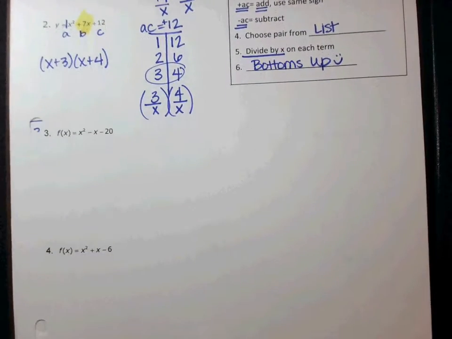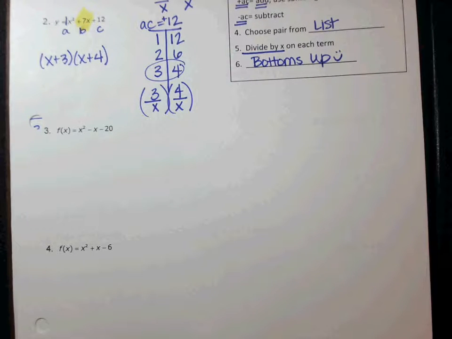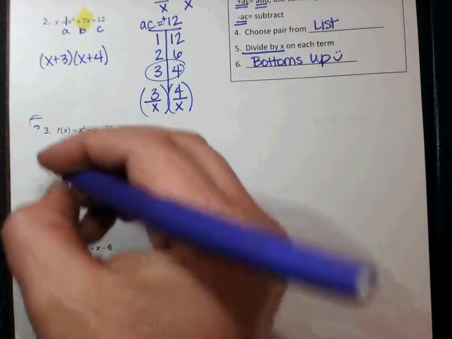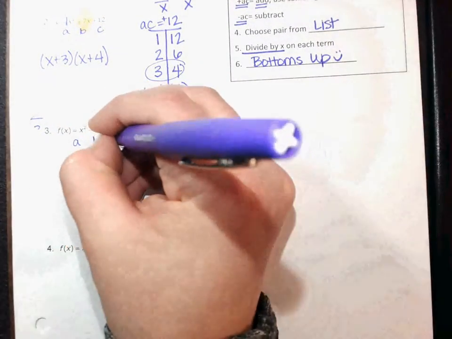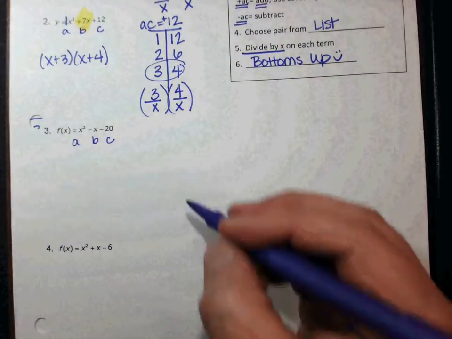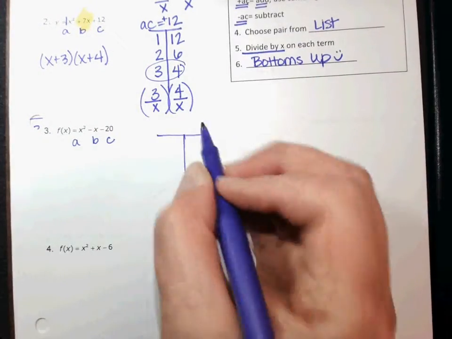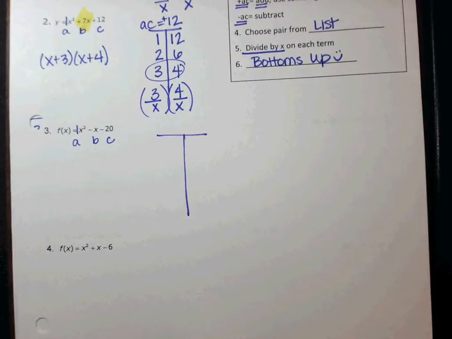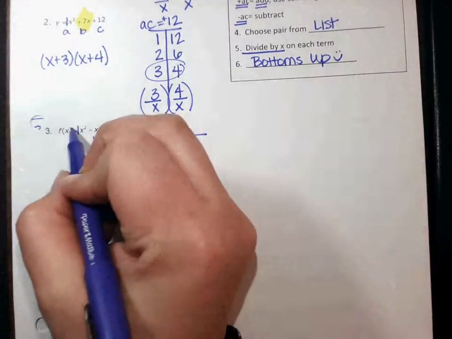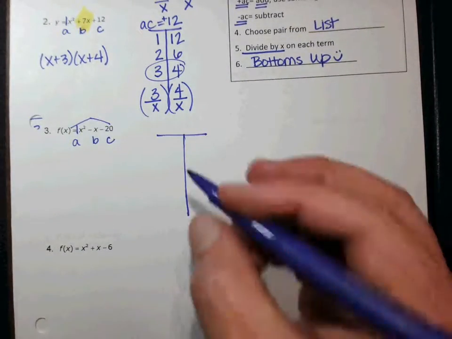Next one. Notice that in both of those, your AC was positive, you were adding. Now we're going to look at subtraction. So A, B, C. Set up your T. My A is still a 1, but my C is a minus 20 this time. So what is 1 times minus 20?